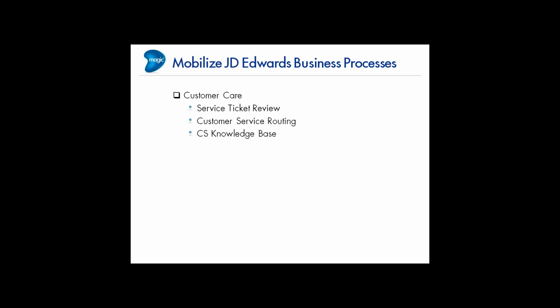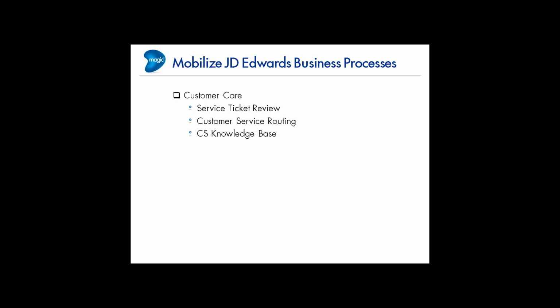Mobilizing JD Edwards business processes in the third area is customer care. And we look at things like service tickets, being able to review service tickets, being able to route customer service inquiries and tasks to the specific providers in your organization.